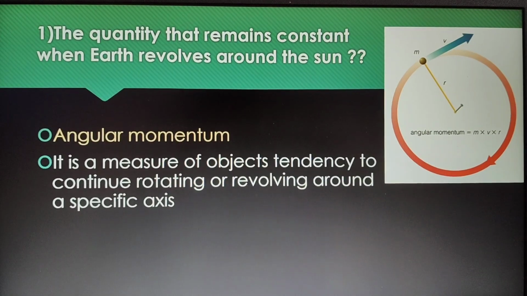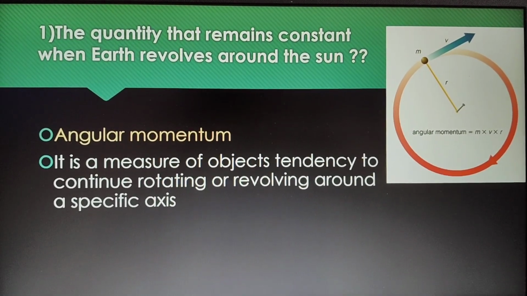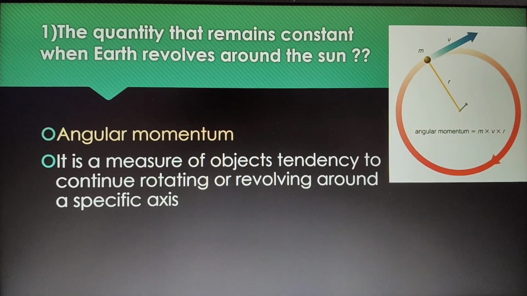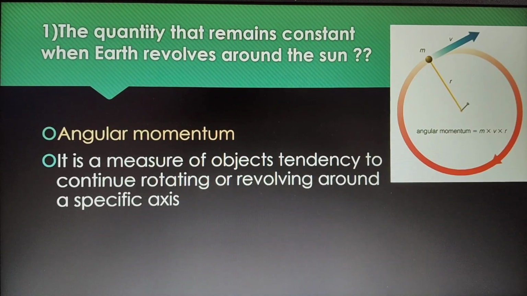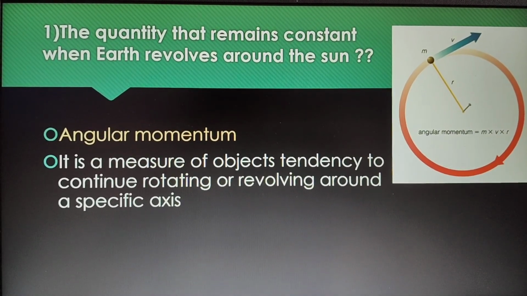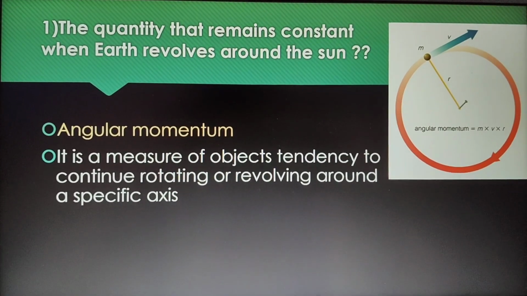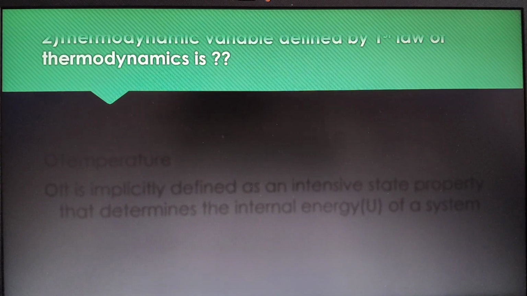It means the tendency of an object to continue rotating or revolving around a specific axis is known as angular momentum. The things that do not change are m, mass, v, velocity, and r, the position vector. The product of these three gives angular momentum. So angular momentum is the quantity that remains constant when Earth revolves around the Sun.